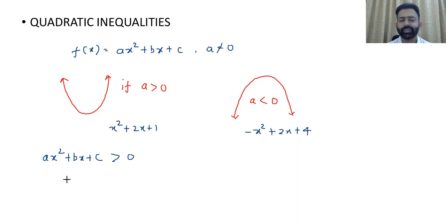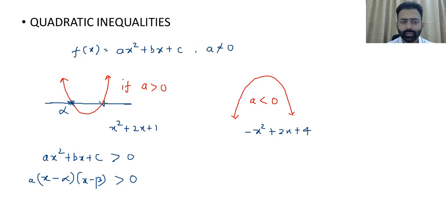So the first thing is finding out the roots of this quadratic equation, ax square plus bx plus c is equal to 0, right? Let us consider that the roots of this equation are alpha and beta. So I can represent this as a times x minus alpha and x minus beta. You can take a outside if you want to, and this is greater than 0, right? If I have to represent this graphically, this is your x-axis, and let us say this earlier root is your alpha and this root is your beta.